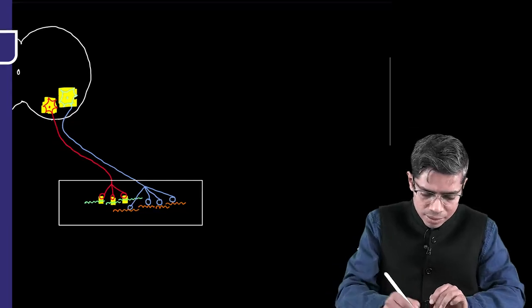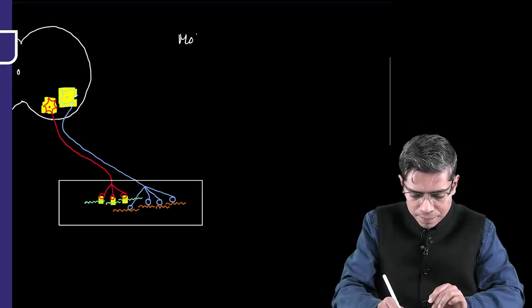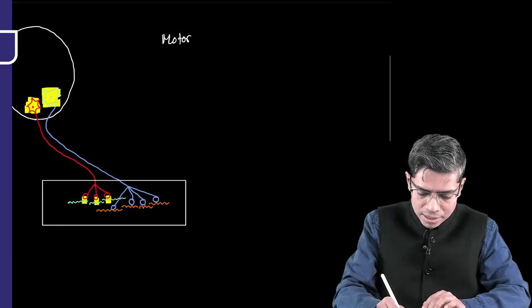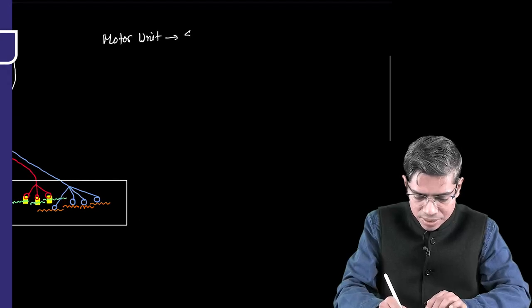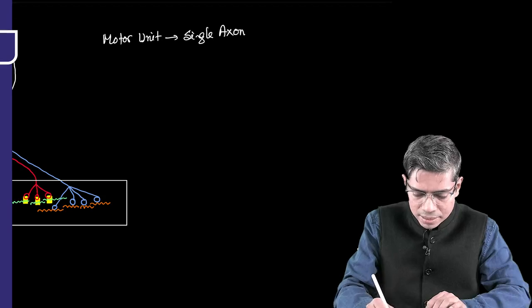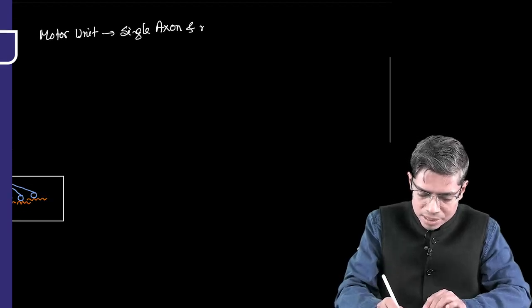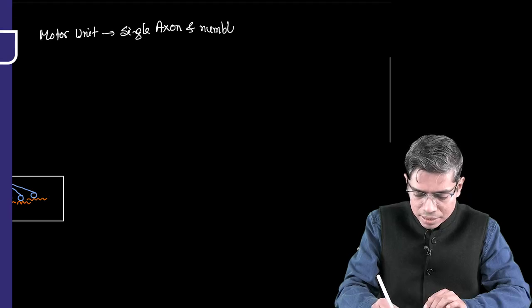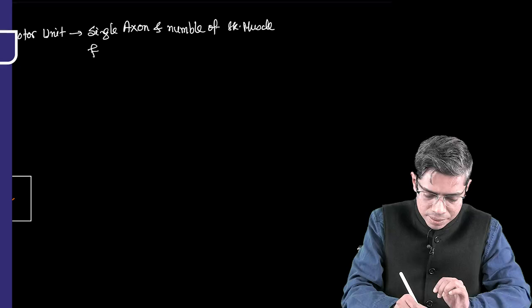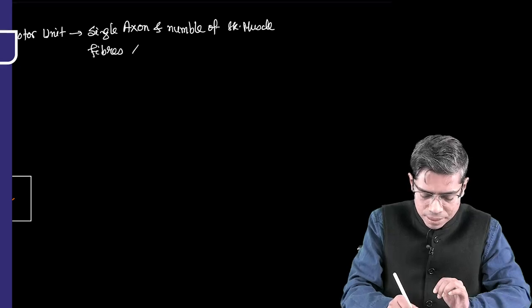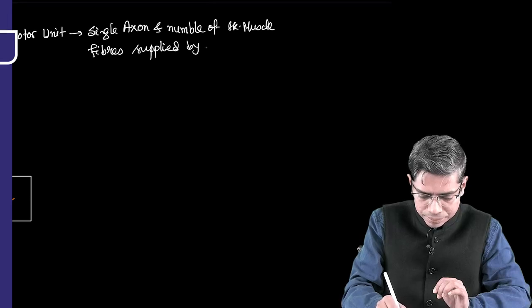So if I write down a definition of motor unit, obviously you are understanding that motor unit means it is a single axon. This is the definition: a single axon and the number of skeletal muscle fibers supplied by it, right?